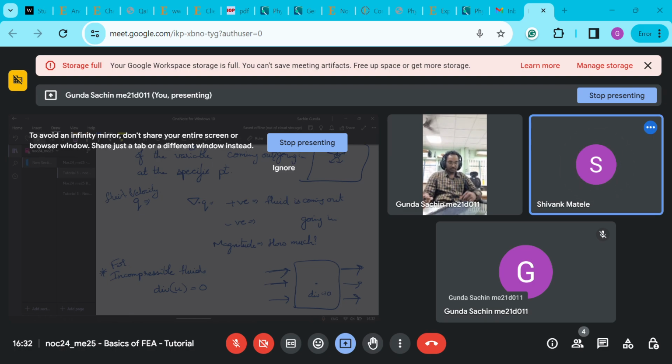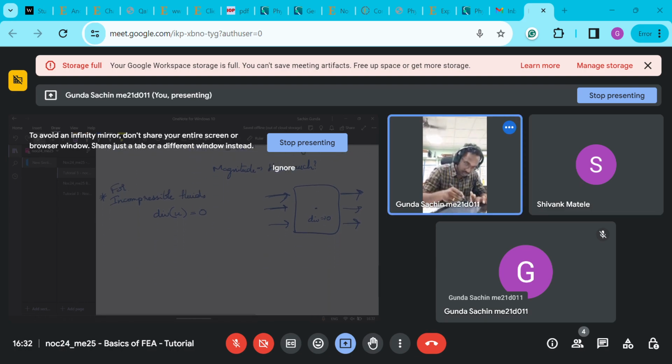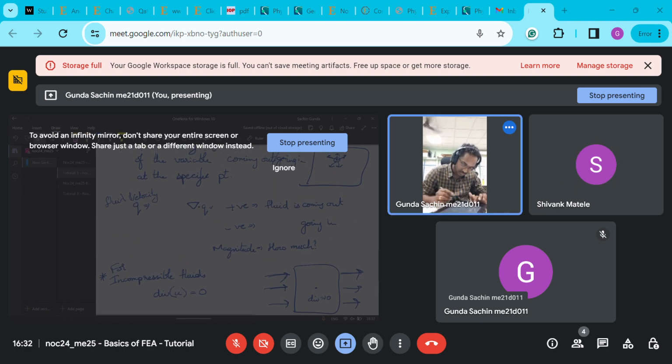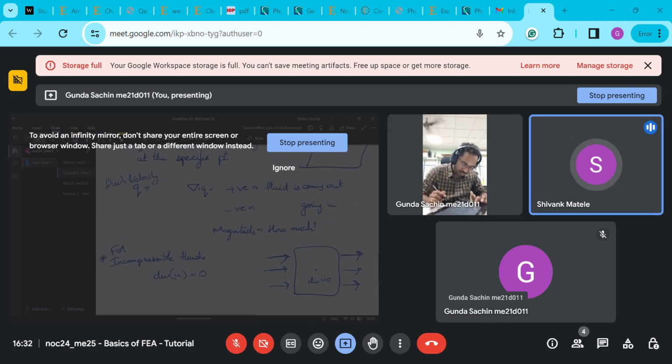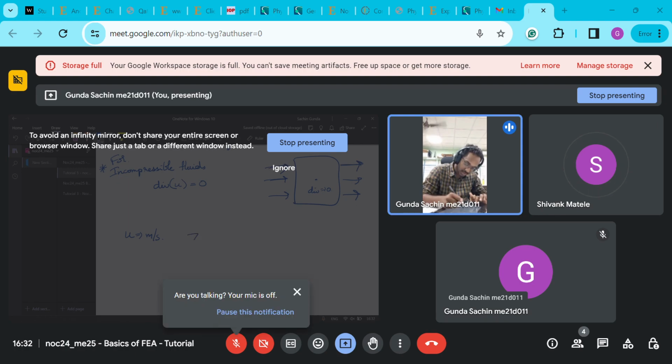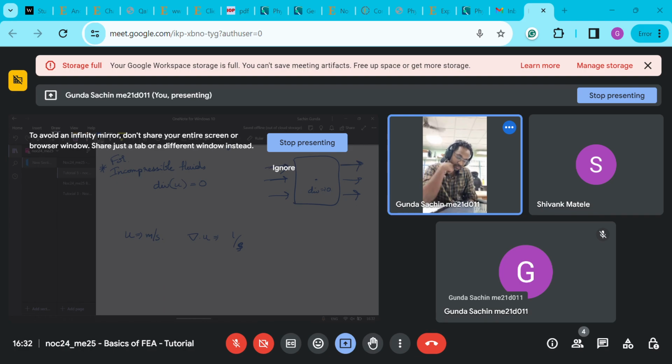Let's say Q is, let's say, U, velocity in meters per second, and then if you apply divergence of it, it would be per second.